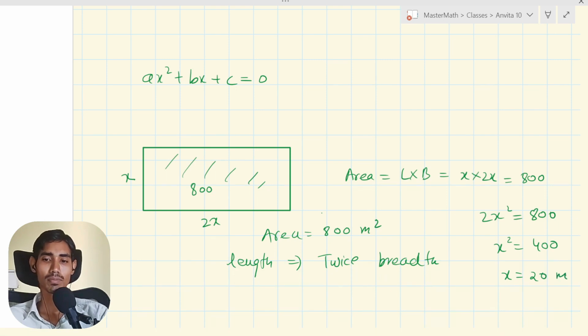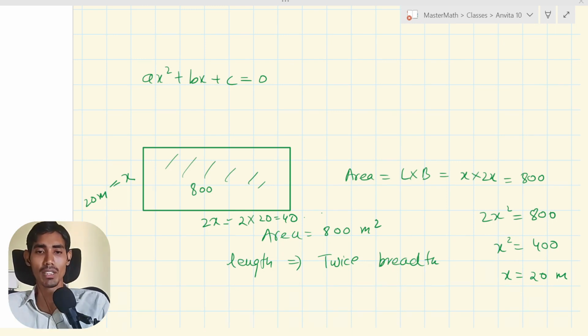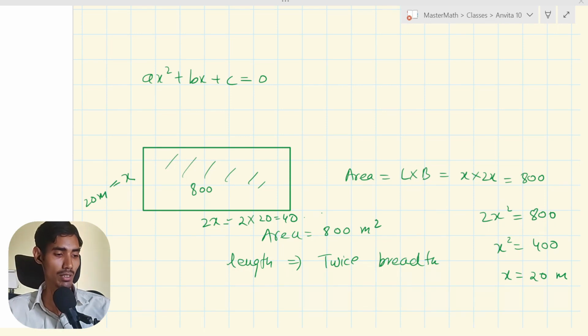And this would be 2 into 20, that is 40. So this was one simple example of quadratic equations where we are given a situation and we can solve it using quadratic equations.